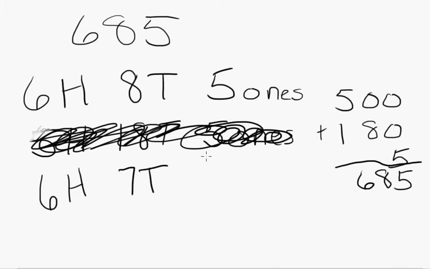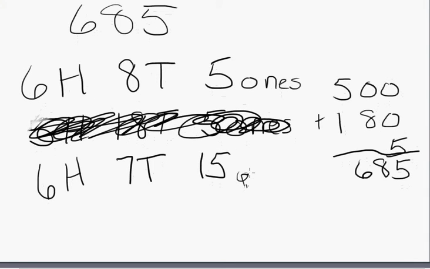Do you remember how many we add anytime? We add 10. Anytime we borrow, we add 10, because there are 10 ones in a 10. So then we have 10 plus 5 would be 15. So 15 ones. And then we'll add these together again.